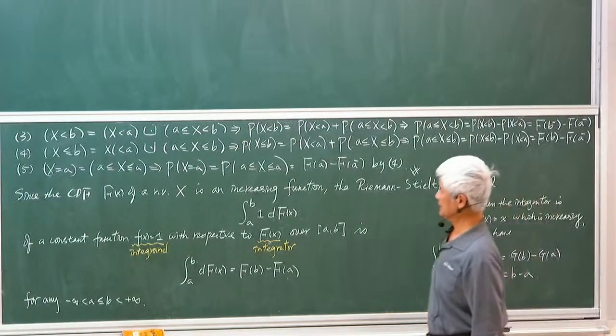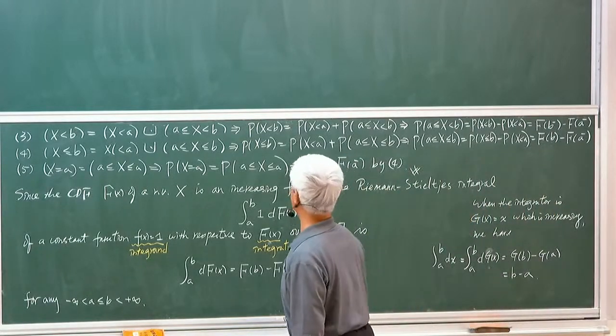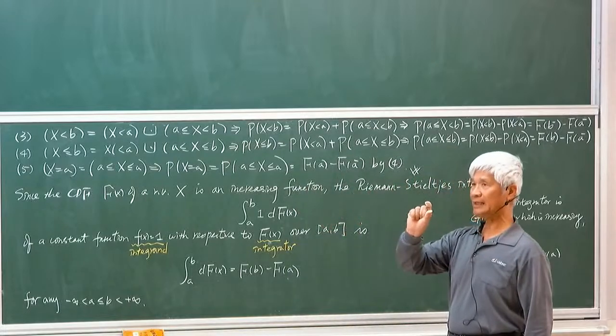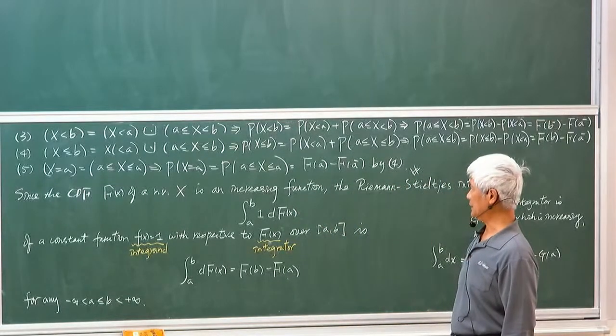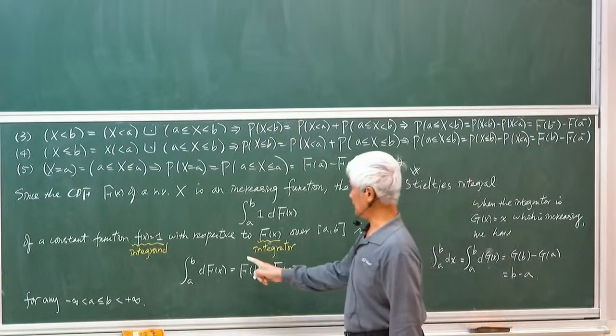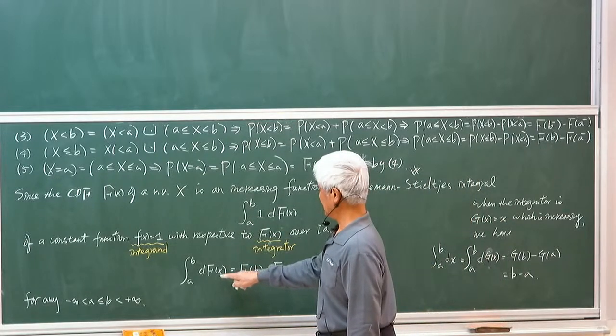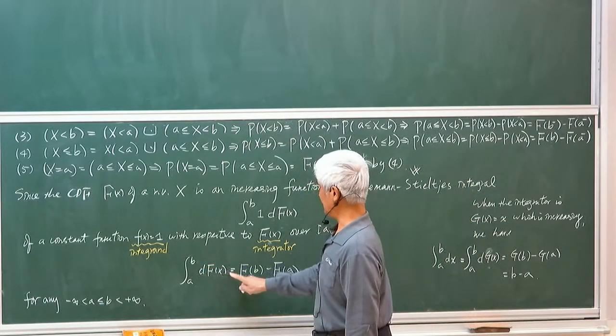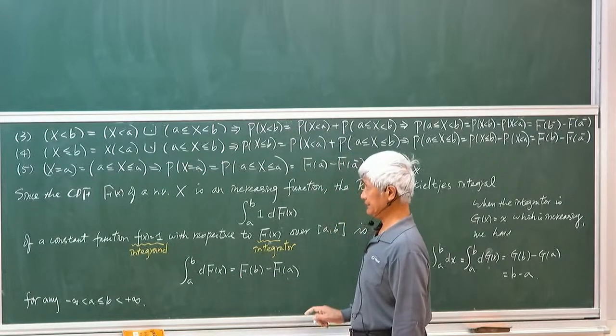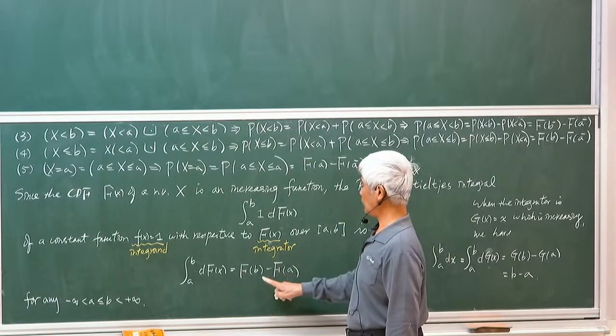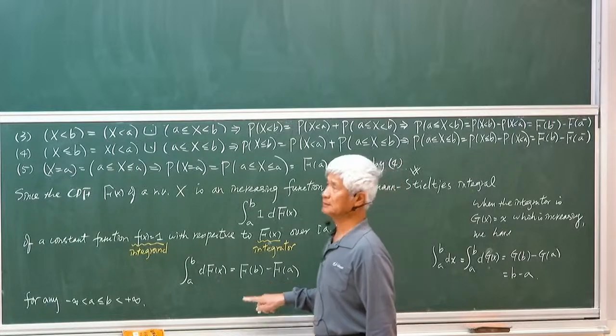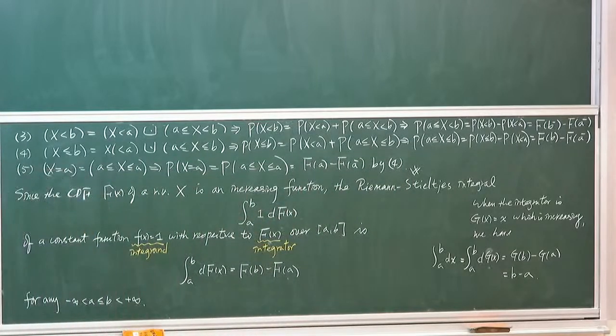So when you study the lecture notes I will give to you, you will see that this Riemann-Stieltjes integral is actually this difference. But why is this difference? The difference here is the probability that the random variable has value in this half-open, half-closed interval.